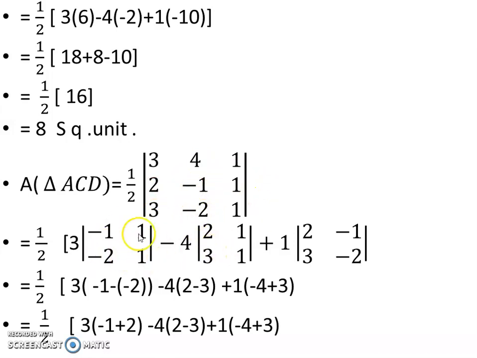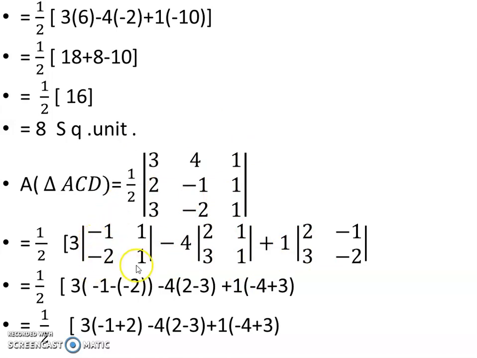So we put it in this format and derive the expansion. So 1 upon 2 is fixed, 3 is fixed, minus 1 1 is remaining, 1 minus 2 is remaining, the middle minus 4 is the same. We skip the first row and middle column: 2 1, 3 1. Now first row and last column: 2 minus 1, 3 minus 2.